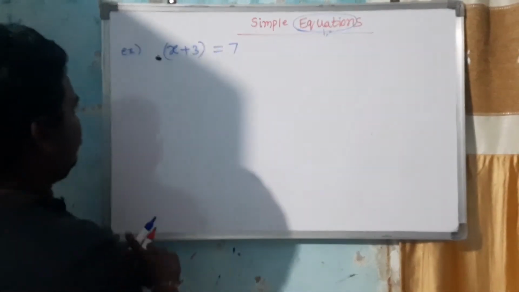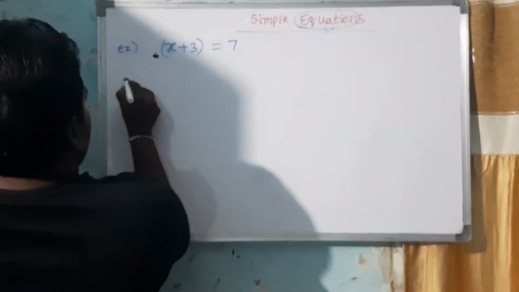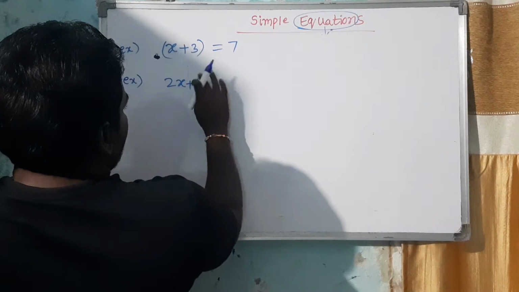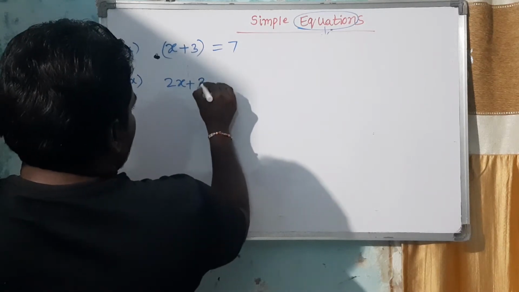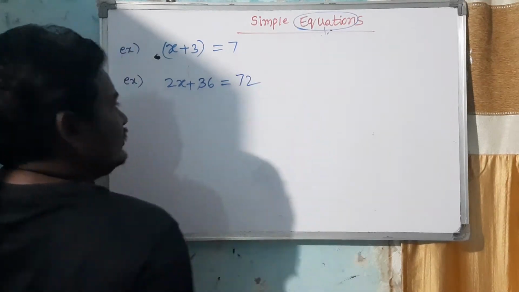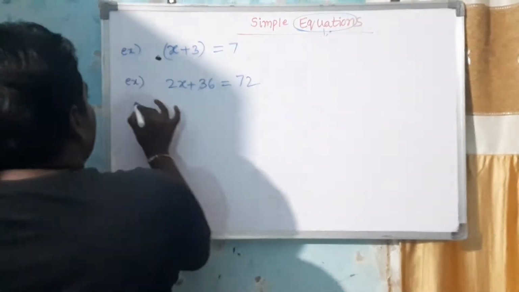This is one example. Let me take another example: 2x plus 36 equal to 72. This is also another equation.